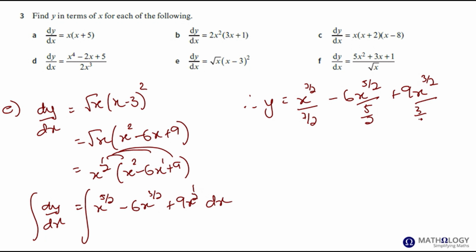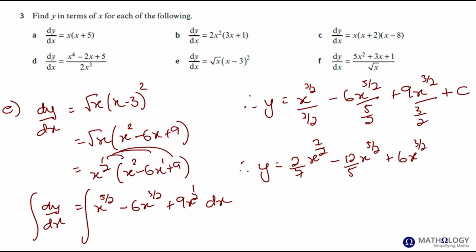We divide by 3 over 2 and then add the constant of integration. So y equals 2 over 7 x to the 7 over 2 minus 12 over 5 x to the 5 over 2 plus 6x to the 3 over 2 plus c.